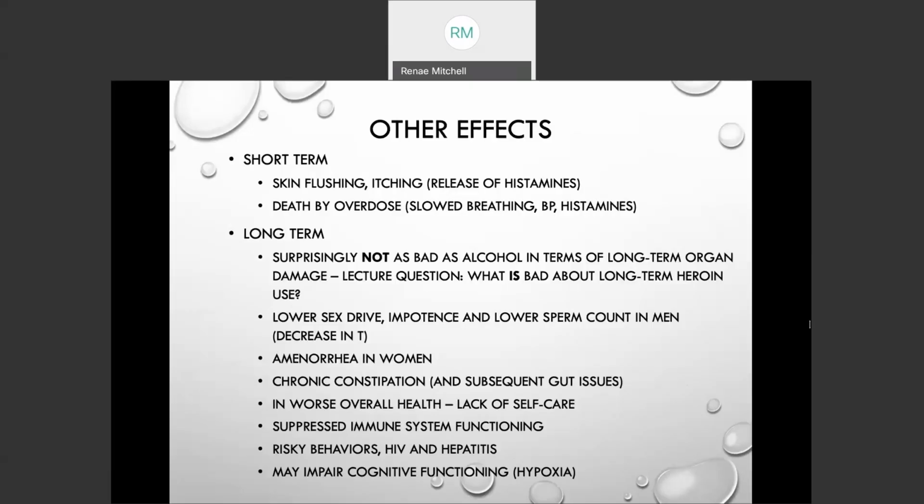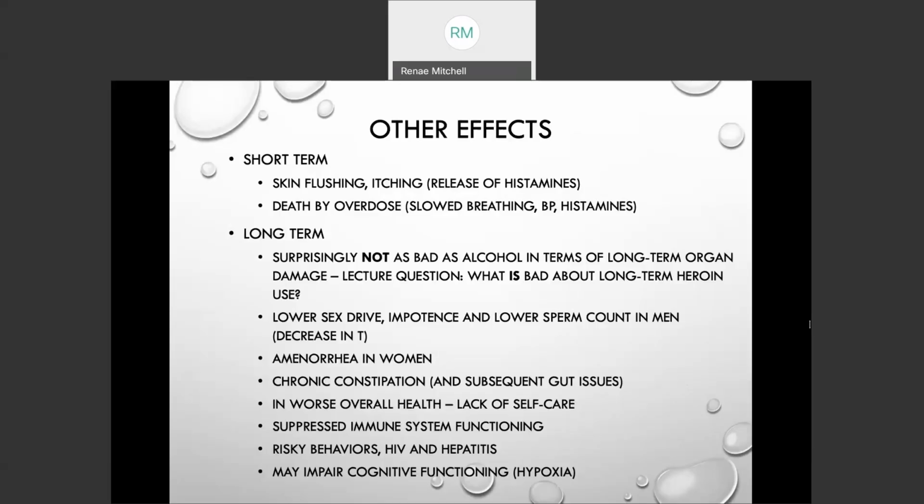In terms of long-term effects, interestingly enough, chronic use of opioids is not super toxic to the body. In terms of organ damage, in terms of how toxic the substance is, it really doesn't degrade your body systems that much.